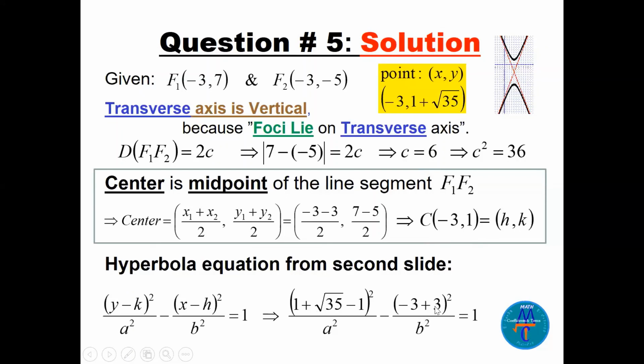So all this term will disappear. That's why we can find a squared. Again and again, only this part we have to be careful. X minus h. X is the point given, it's minus 3. Minus, in the formula, h. H is minus 3. So minus 3 plus 3, this will disappear.